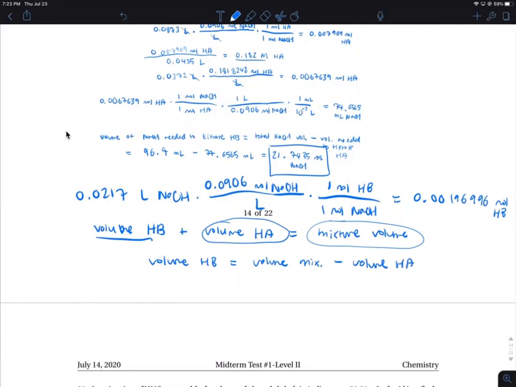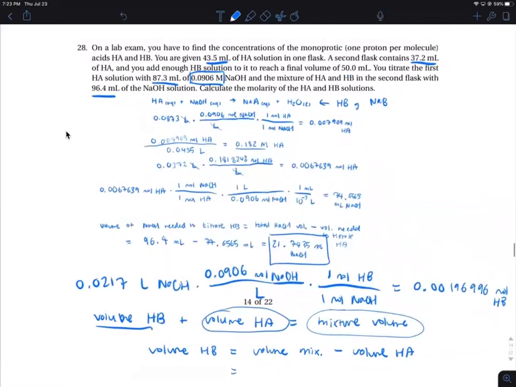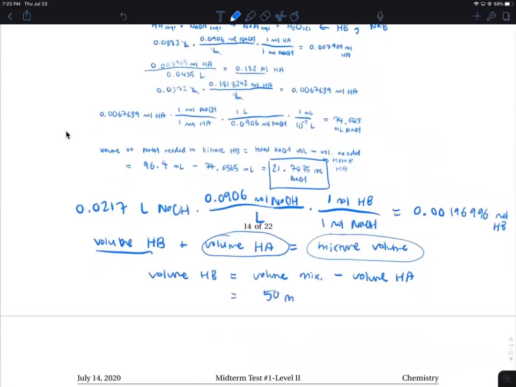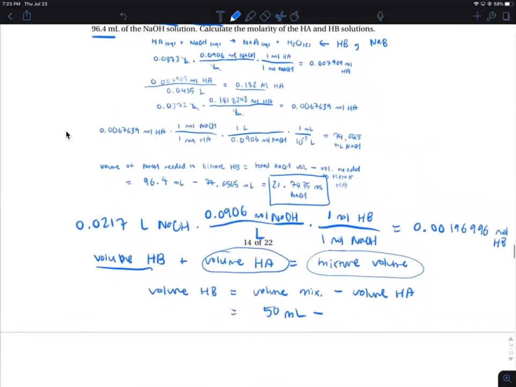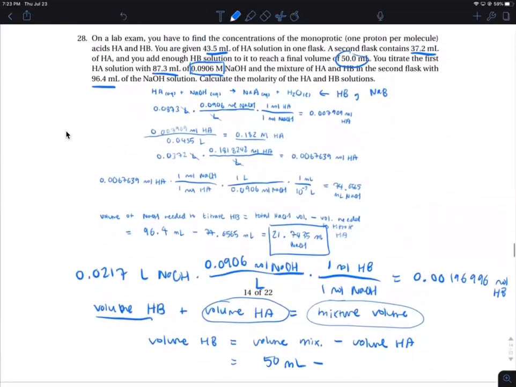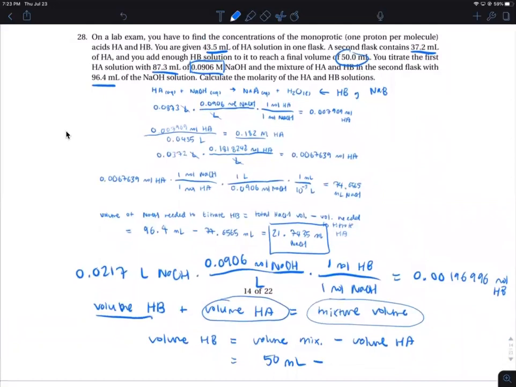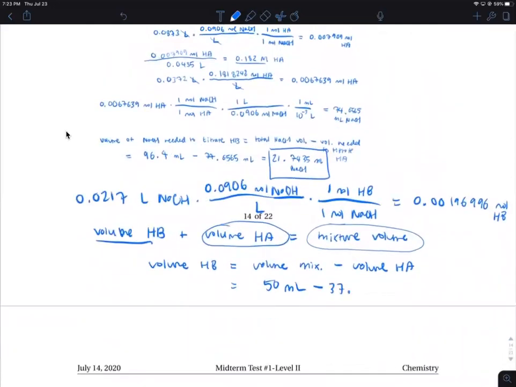The volume of the mixture, the final volume, is 15 milliliters. So it's 15 milliliters minus the volume of HA, which we found, which was given to be 37.2 milliliters. So the difference is 12.8 milliliters.